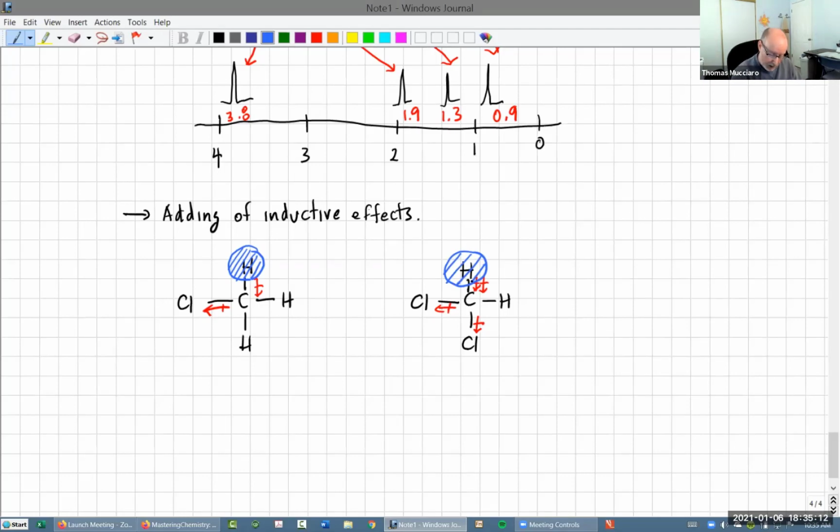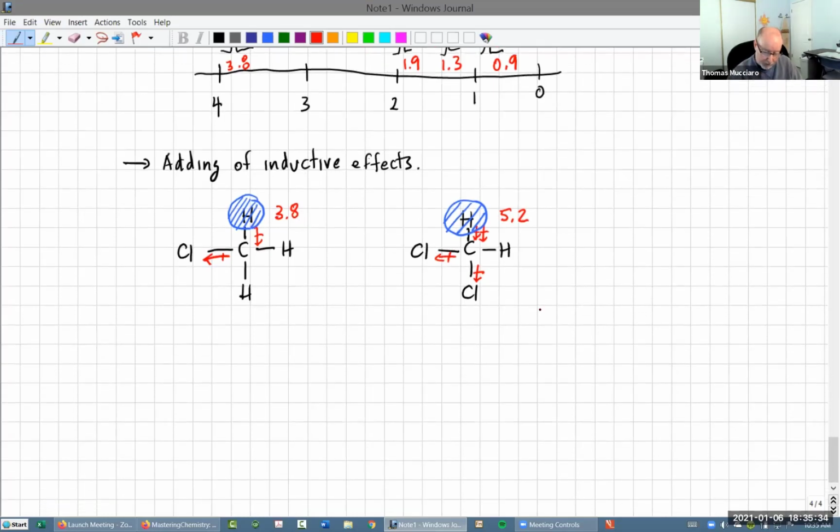What does that mean? Well, that means that if this one is at 3.8, this one is going to be up around 5.2. Okay? This is the problem with NMR correlation tables that we don't have quite so much in the IR one.